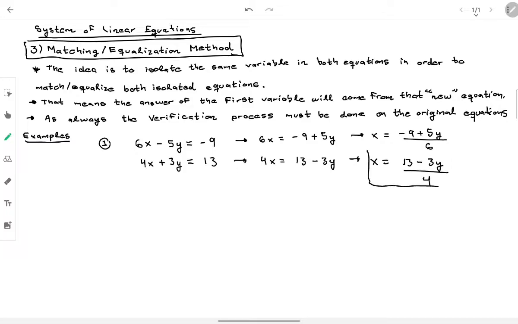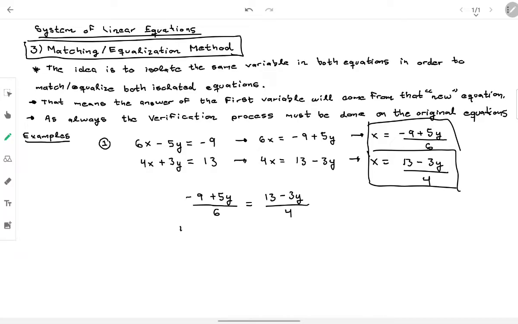So we have already isolated x on both equations, so we can match or equalize both equations, and it's going to be minus 9 plus 5y, all of it divided by 6, equals 13 minus 3y, all of it divided by 4. So it's going to be 4 that multiplies minus 9 plus 5y equals 6 that multiplies 13 minus 3y.